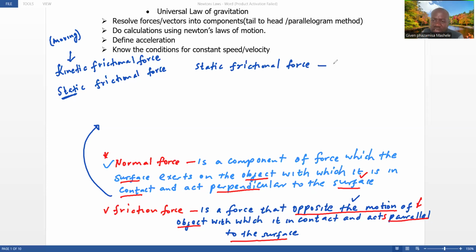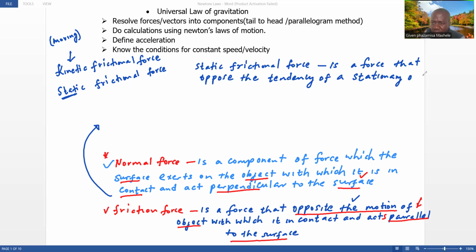A static frictional force is a force that opposes the tendency of a stationary object relative to the surface.